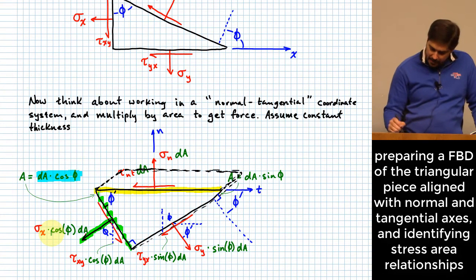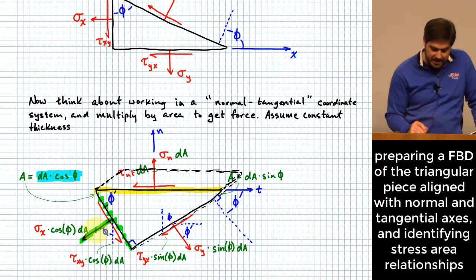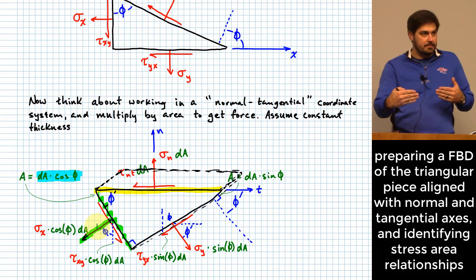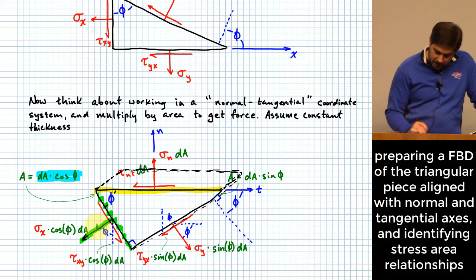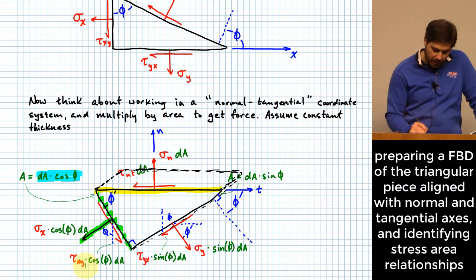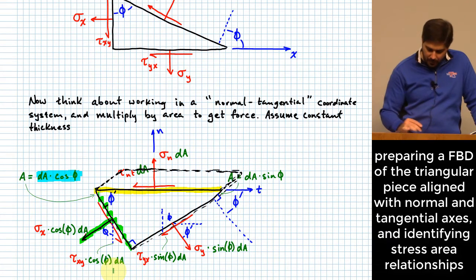So I've discussed that now for sigma x, and I'm saying sigma x times the cosine of phi times dA. That gives me how much force would be applied on that face. All right, following? I can do that for shearing stress as well, right? It's the same amount of area that this shearing stress tau xy is applied to, and so I would also multiply that by cosine of phi times dA. We good so far? Okay.